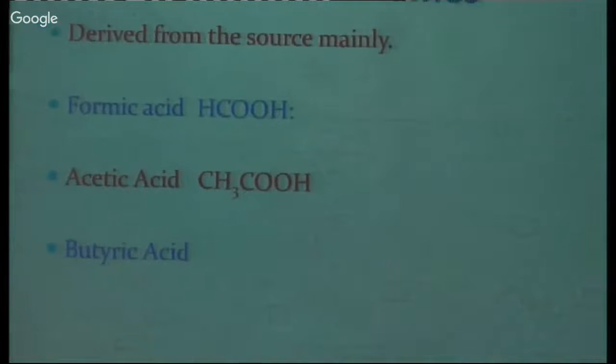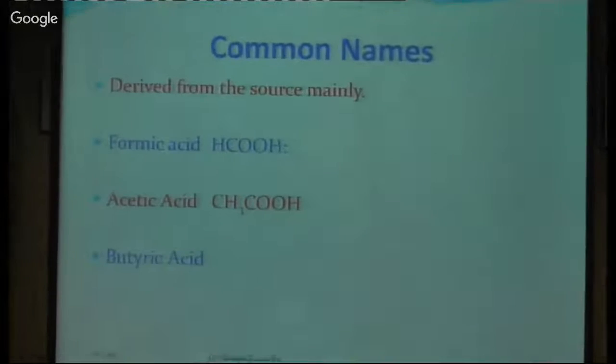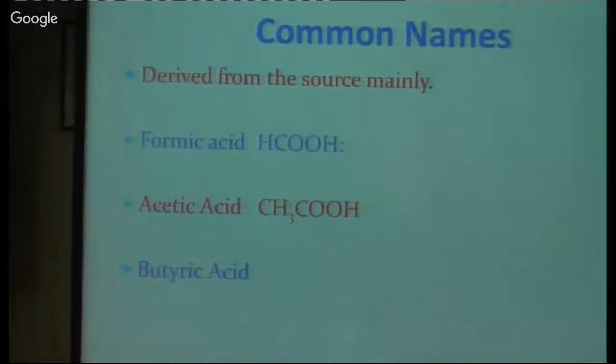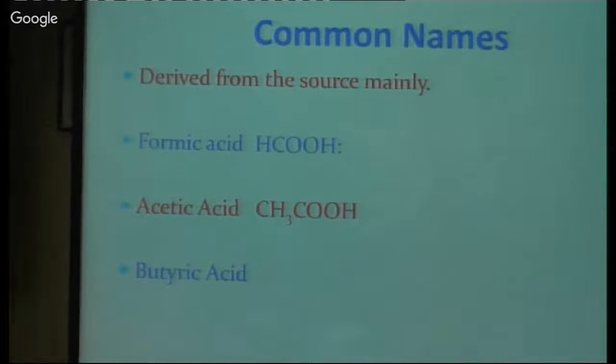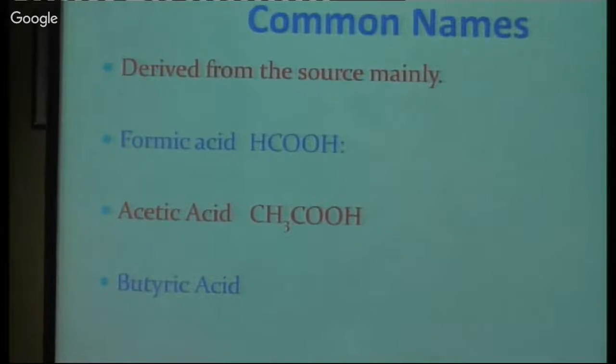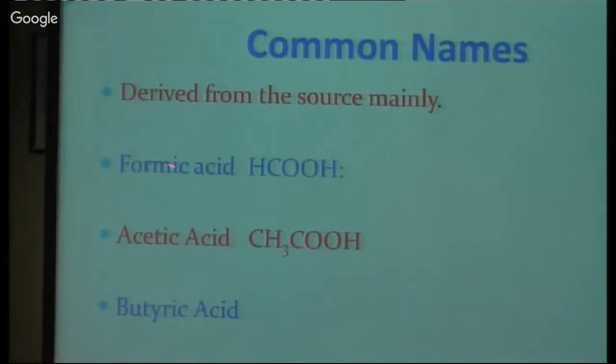Next, let us come to their common names. Common names of organic compounds are normally derived from the source from where you obtain these organic compounds. The source determines their names. For example, let us come to this compound, formic acid.